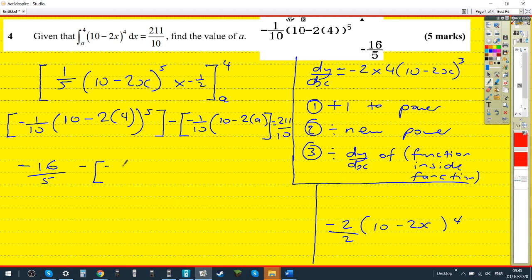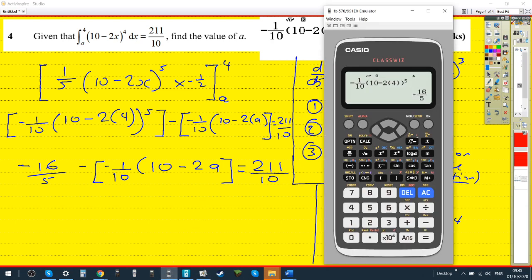Yeah. And then should I add 16 over 5 to both sides? You could. And then that'll be 243 over 10.